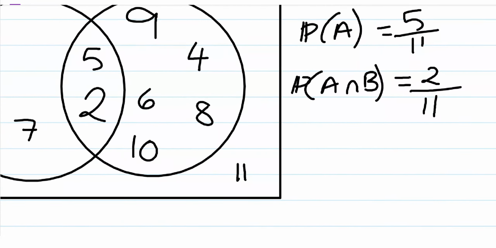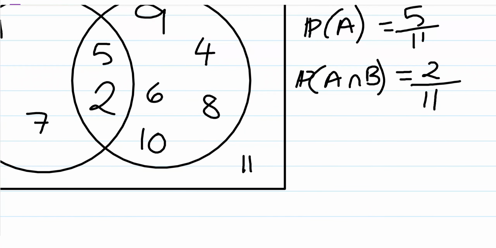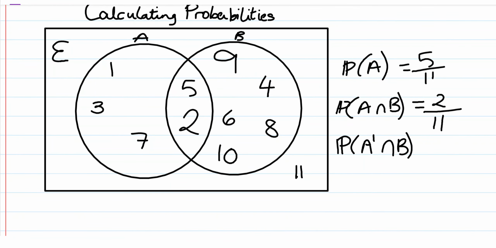And now let's combine 2 of our known symbols and have the probability that we're not in A, but we are in B. And to do this, let's do a quick shading of the diagram to see what we're involved, because it's a bit harder to visualize.